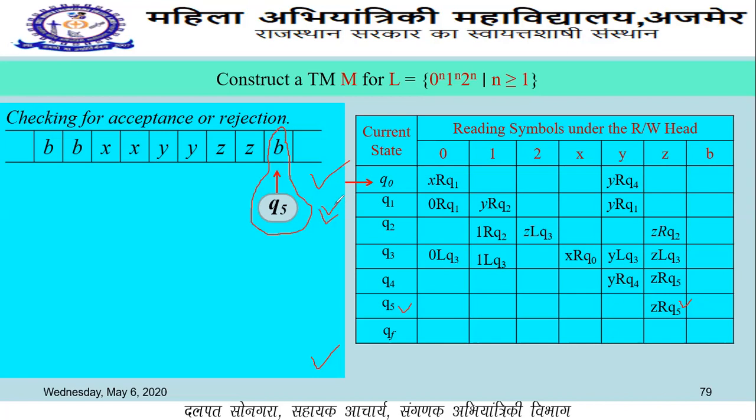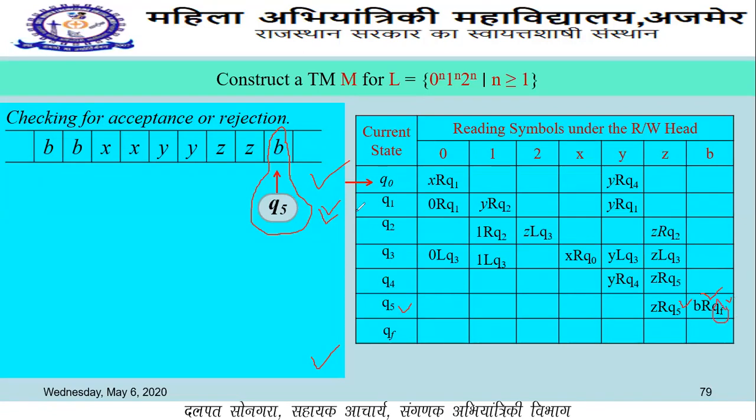So once again we write another transition function at state q5 at the blank, like this. Whenever we read blank at q5, we take the right turn, and you can take a left turn also, it's your choice, and change the state to qf.